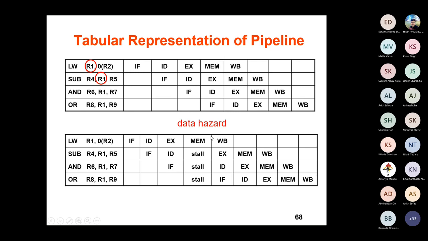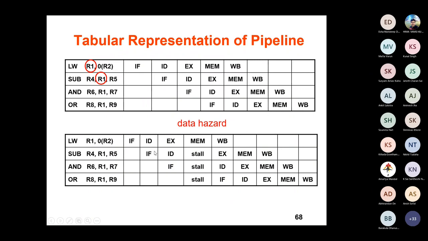But even then, I need the extra data paths from the memory output, that means from this pipeline registers to the input to the execute stage. Okay, those additional data paths we need, which you have just shown. In the regular pipeline, those data paths are not there. So in the presence of those extra data paths, forwarding paths, and if one stall is inserted, all the hazards here can be resolved.